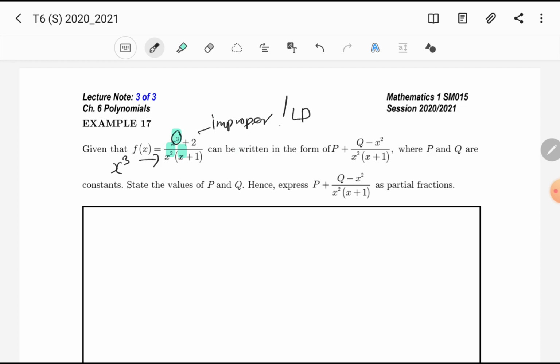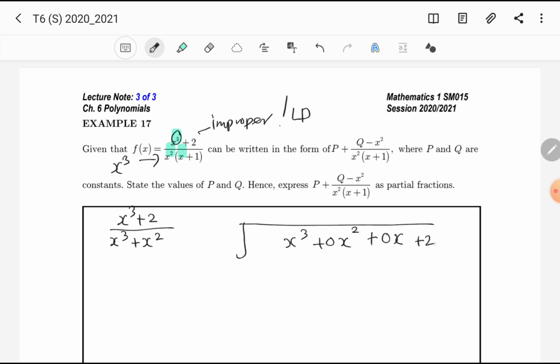So, use long division. So, x cubed plus 2 over, okay, we need to expand first lah. X cubed plus x squared. So, dia akan jadi x cubed plus 0x squared plus 0x plus 2 divided by x cubed plus x squared.